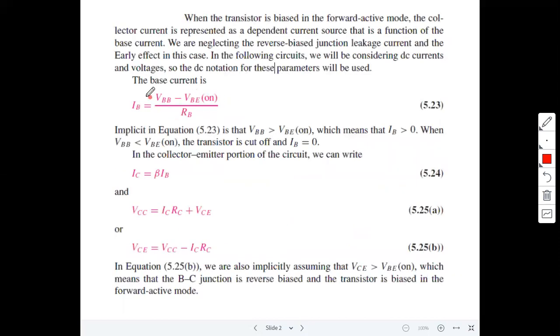This is the KVL for the base loop. Here the KVL is VBB minus IB into RB minus VBE is equal to 0. This is the KVL for the previous circuit.